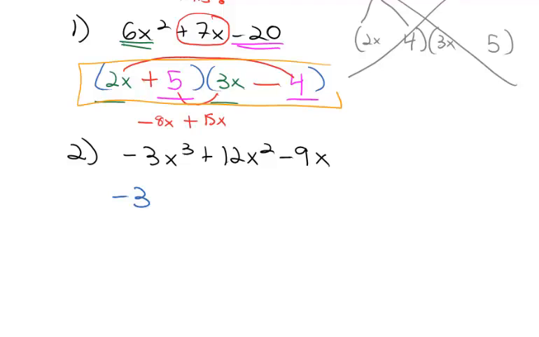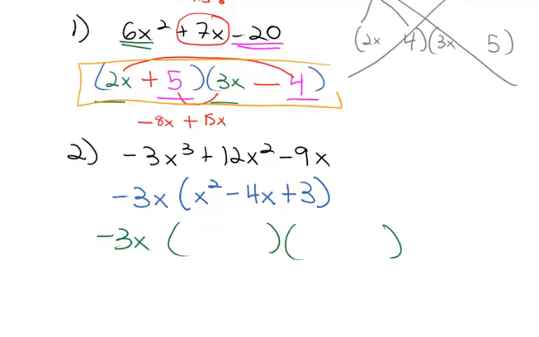All three terms also have an x on them, so we'll pull out an x. And we do that, that's left with a positive x squared, a negative 4x, and a positive 3. Now that we've got that GCF of negative 3x out front, now we can start talking about factoring what remains.